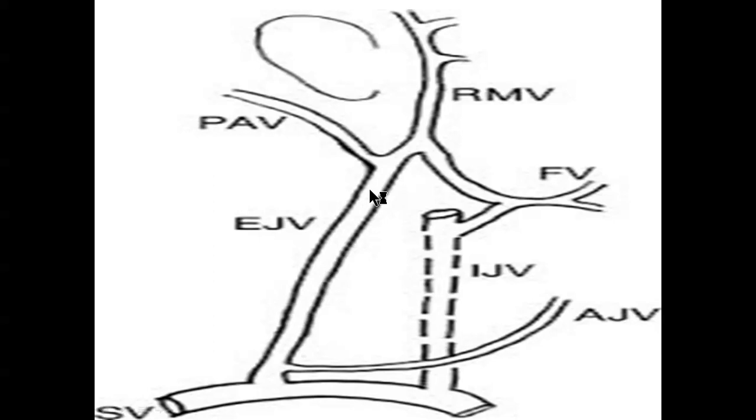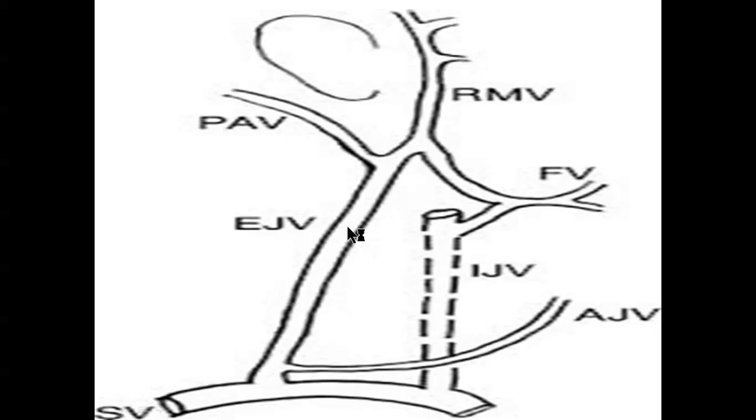It can be easily seen, especially, as we have seen many times, when the right atrium pressure is increased or the patient is lying down. In those cases, we can see they are distended.